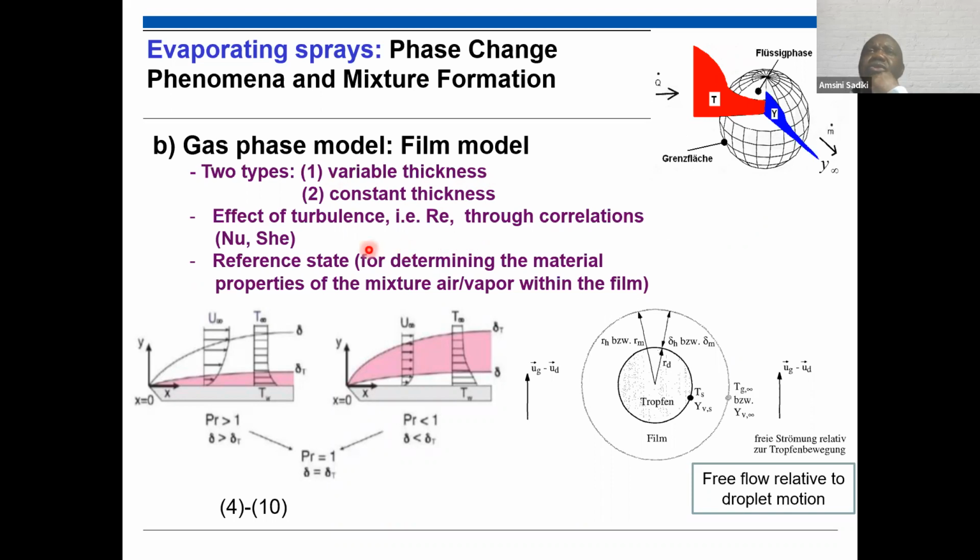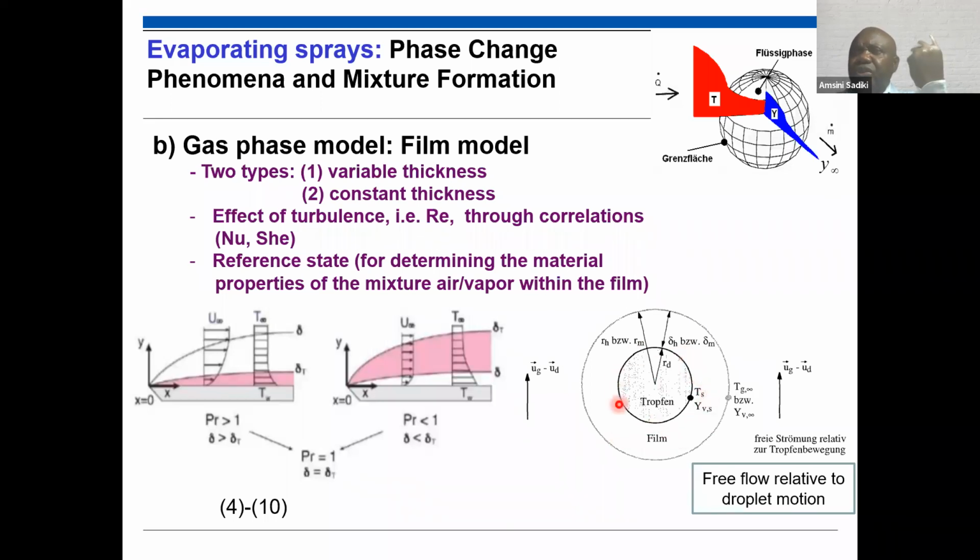We have introduced the Nusselt number, the Sherwood number, and we said that it was for the case where we have laminar flows, and if we have turbulence, we have correlations making a dependency between the Nusselt number, Sherwood number with the Reynolds number and the Prandtl number for this, and the Reynolds number and the Schmidt number for that.